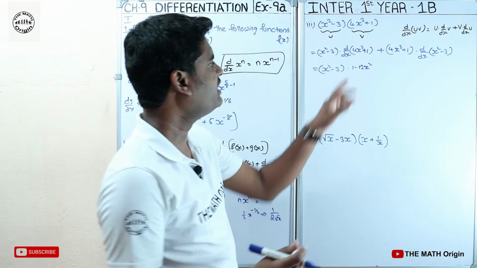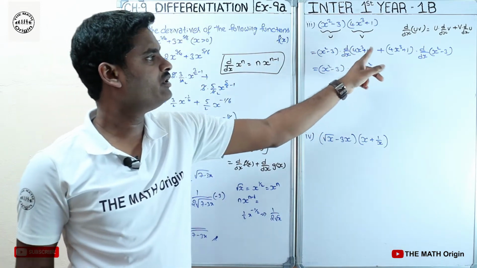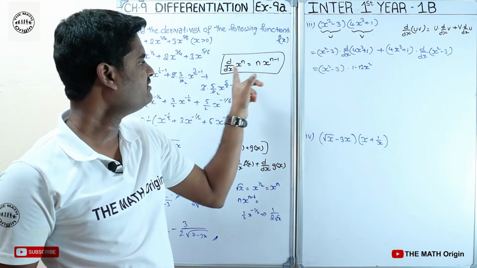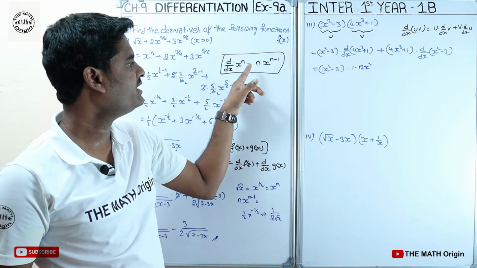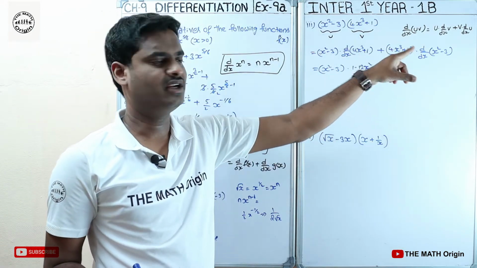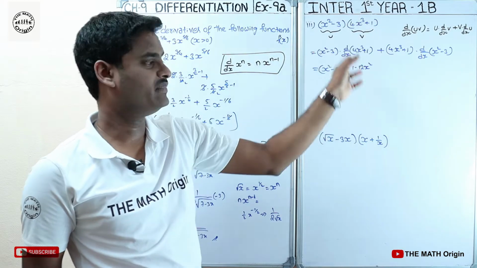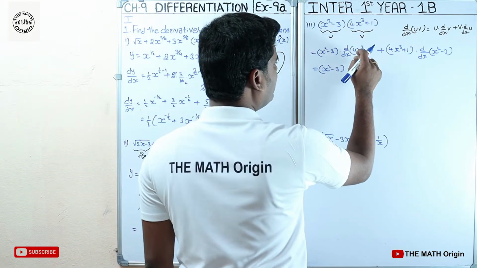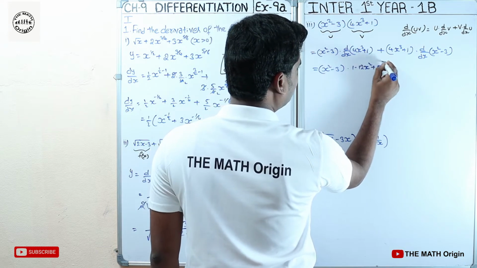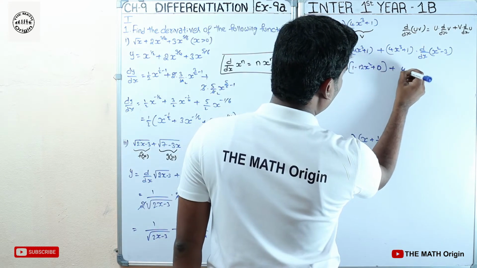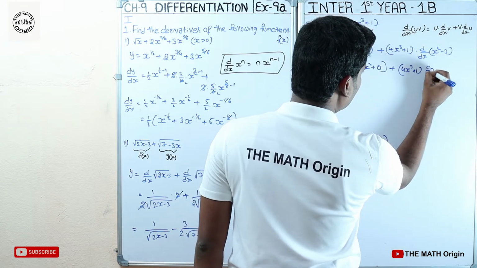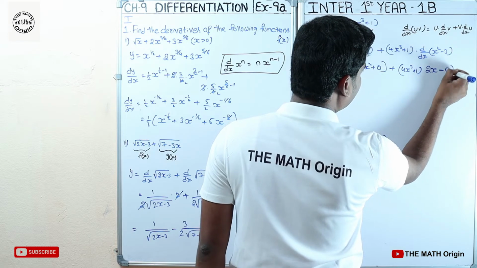Here again you can apply the same formula: take 4 as common, and x cube is x power n, so n into x power n minus 1, therefore 3 into x power 3 minus 1, that is 3 x square, and the 3 will be multiplied with the 4, plus the derivative of a constant is 0. Plus 4x cube plus 1 into d by dx of x square, which is 2x, minus d by dx of 3, which is 0.